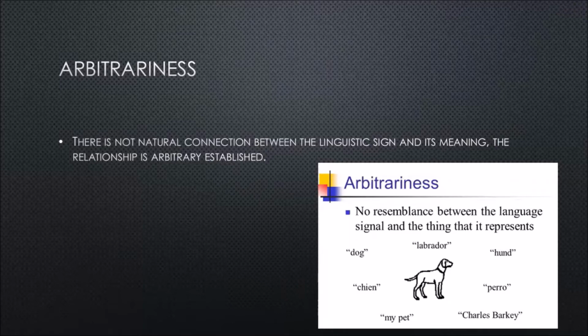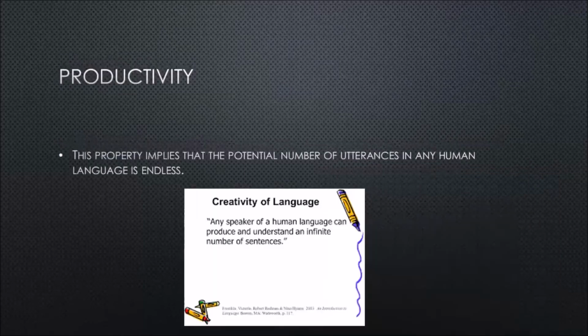The relationship between these two elements is completely arbitrary. It's established by the culture. There is no natural connection between a table, the object, and the word table. Yes, this is arbitrary.